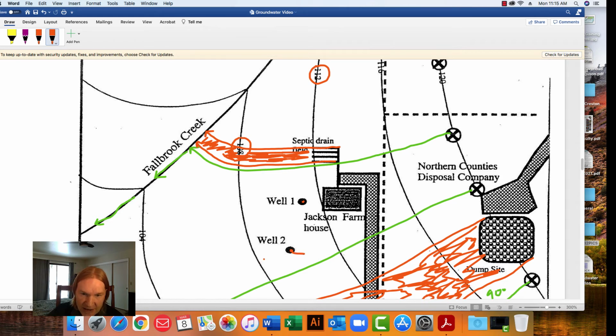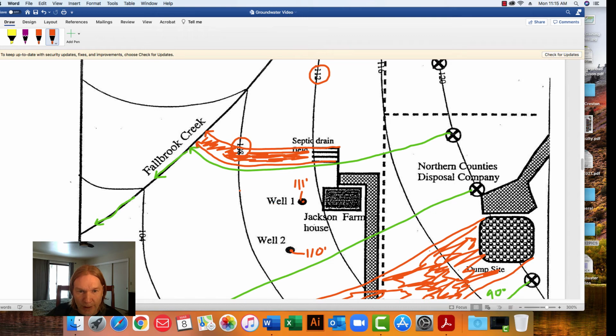Well, it's kind of roughly halfway between the 108 and the 112, maybe about 110 feet. In well 1, looks like it's a little closer to the 112 line. So it looks like its elevation might be around 111 feet.